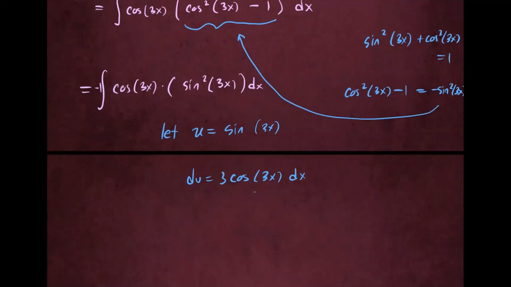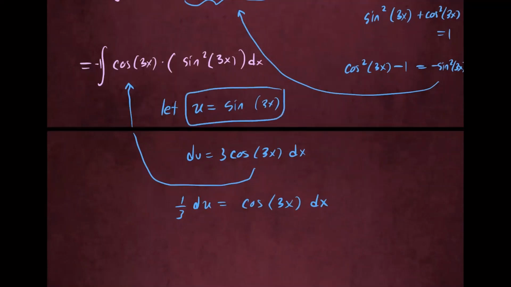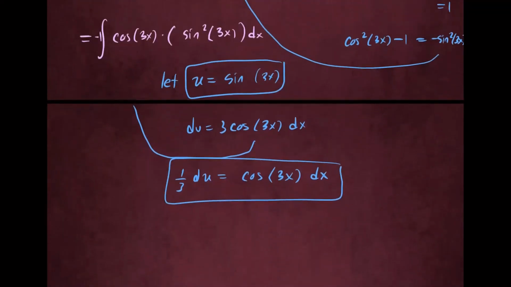And that's exactly, well, almost right. I have it here. All I need to do is take care of that 3 by dividing it through. So my 1/3 du would replace cosine 3x dx. So that's why this is a good selection of u. So u is this, and du is going to be replaced with that. Any questions so far?